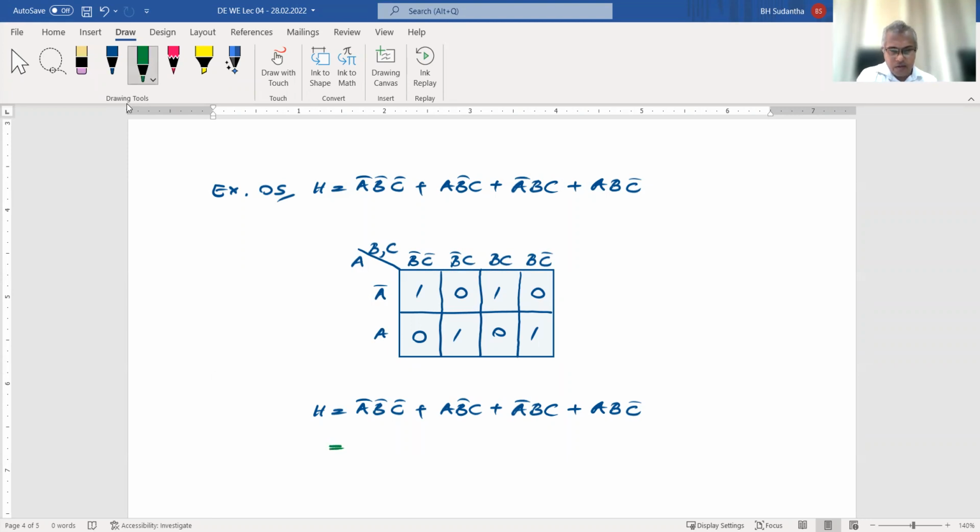Then when you consider these two, we can take B bar out. Then inside that we have A bar C bar plus AC. Plus there we can take B out. And inside we have A bar C plus AC bar.